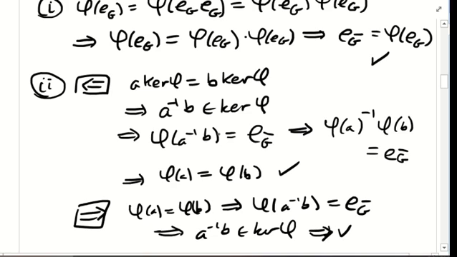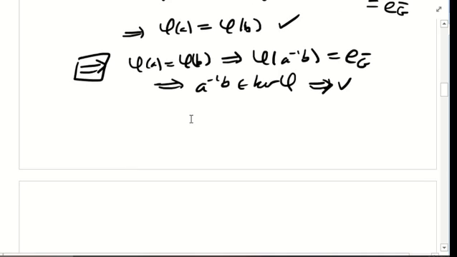So all those previous steps were reversible. So that's supposed to be B. That's a check mark. Check. All right.